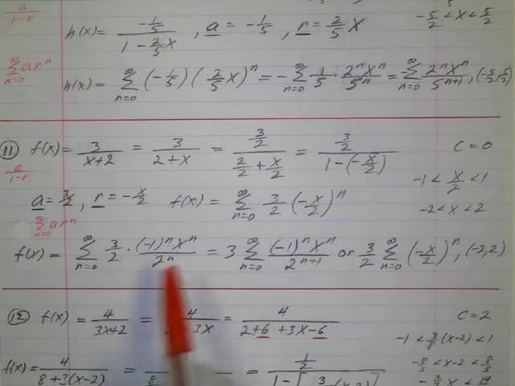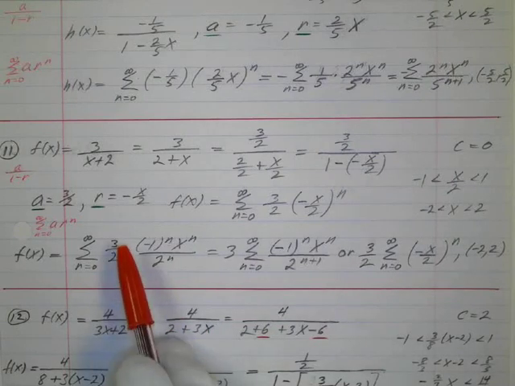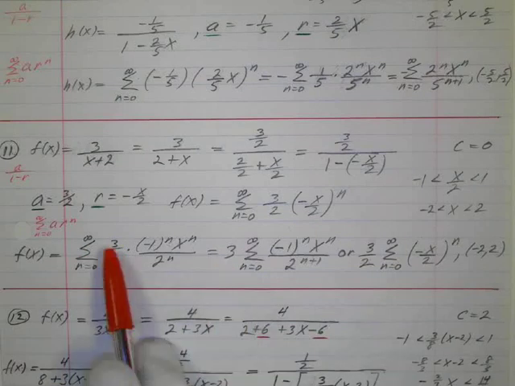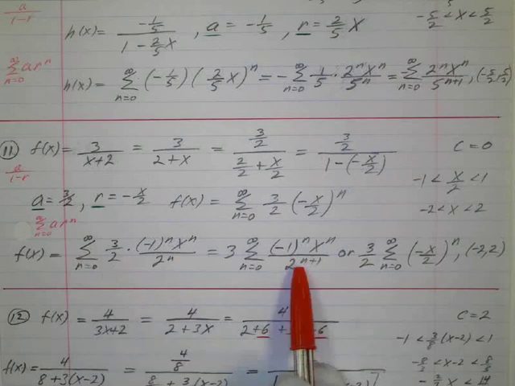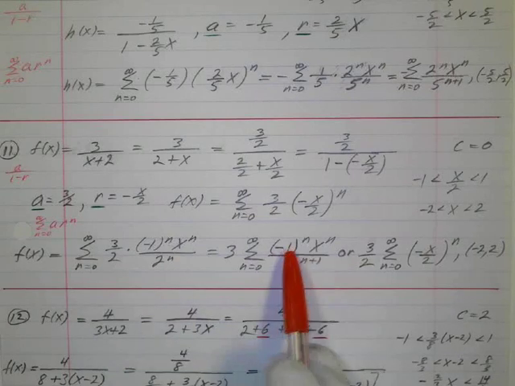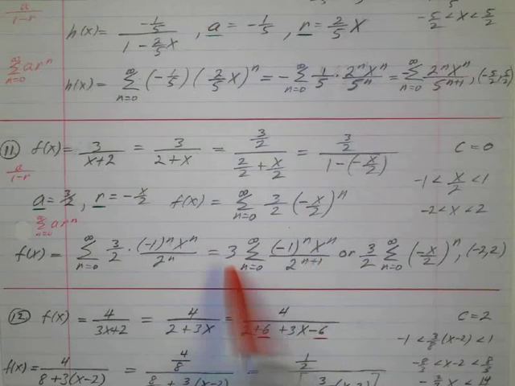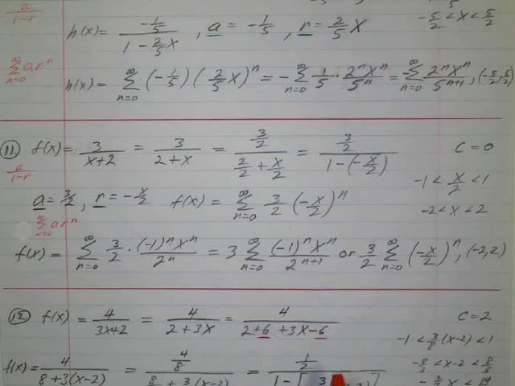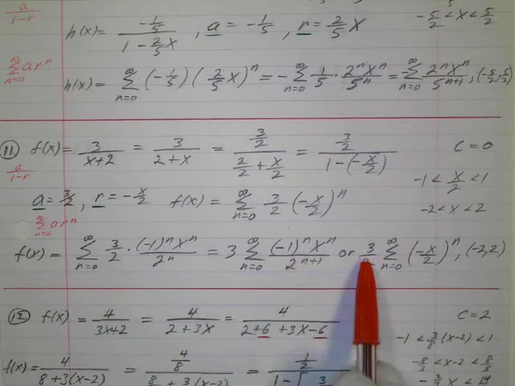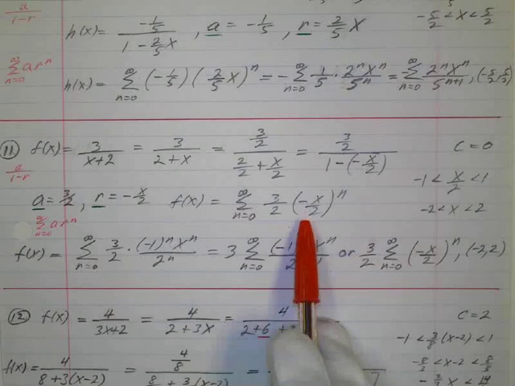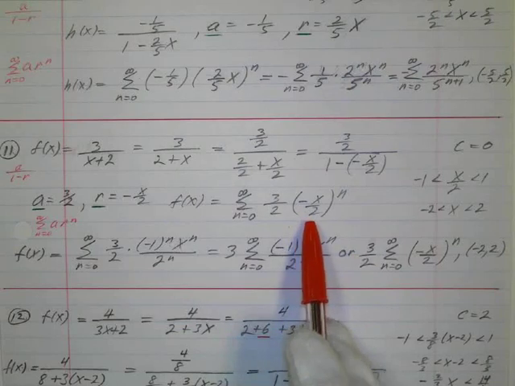Okay, so we could factor the 3 out, but I can combine the 2 with the 2 to the n. So I can take 2 and make that 2 to the n plus 1. There's my negative 1 to the n, there's my x to the n, and this is a 3. So this is a nice form. I think the answers I gave you also had this form, where they took the 3 halves out, and they left it in this form, minus x over 2 to the n.